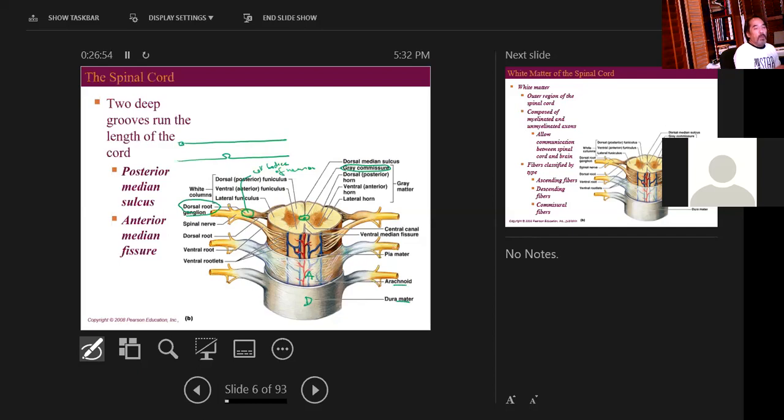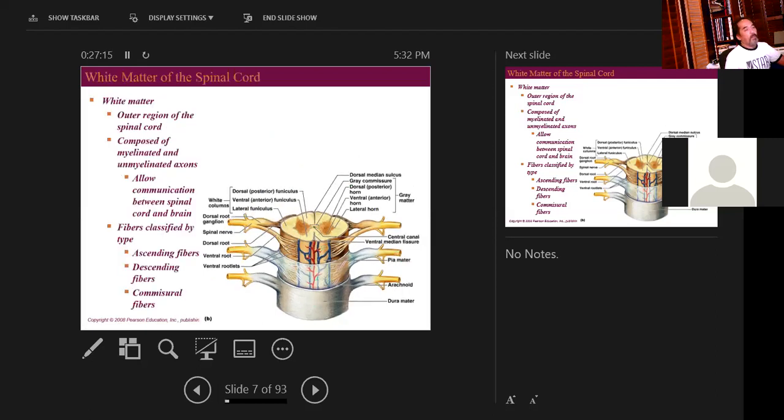And then the last one is going to be called the pia. So the pia mater is the one that's adherent to the spinal cord or to the brain, so there's no space between them. So those are the three meninges called dura, arachnoid, and pia. Whatever you see in the spinal cord, the meninges, is the same covering of the meninges of the brain.